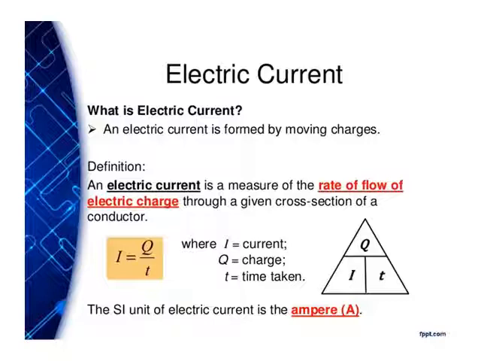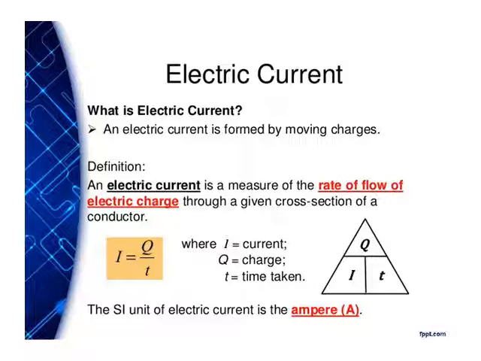Children, this slide gives you a clear idea of how to calculate the electric current and its equivalent physical quantities. What is electric current? An electric current is formed by moving charges.